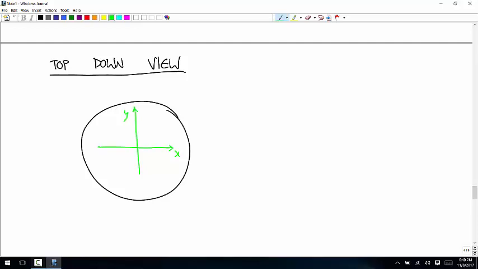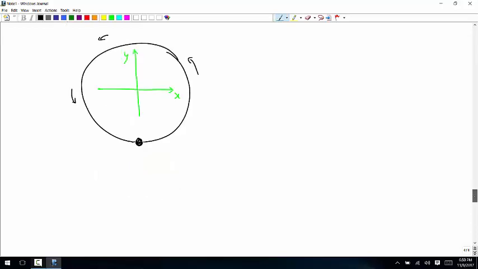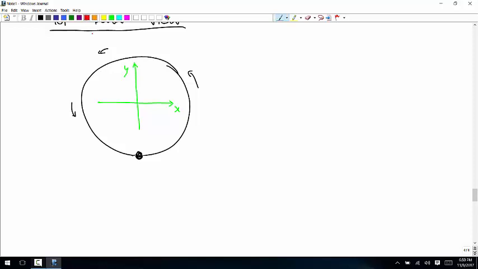So that means we get to choose. I'll choose a different one just so you can sort of see how it all works, but I'll still choose one of those 4 easiest points. So this is the point that I'm going to look at. And from a top-down view, it's going this way. That's the direction of the motion around that path. And so now draw the centripetal acceleration vector. So that's from the point you're looking at toward the center.